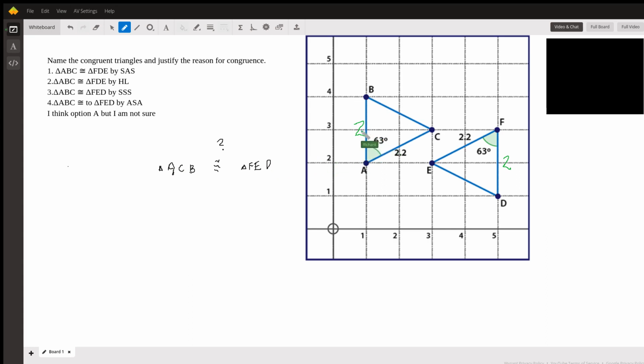So we now have a side, an angle, and a side. And so the student's guess was correct. It's the first one, side, angle, side. Option A. I think this is what he meant by option A.